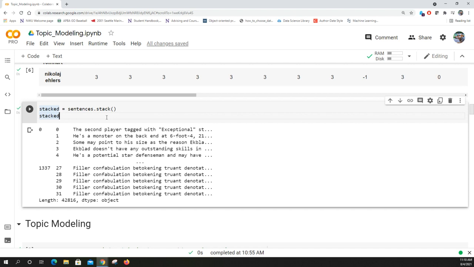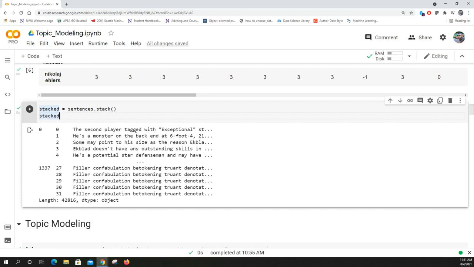Is the sentence talking about, for our purposes, physicality or skating or a player's offensive ability or their skill level, who knows. We're going to create this topic modeling algorithm, and we're going to ask it to tell us what are the topics, what are the things that get talked about in this corpus of scouting reports.